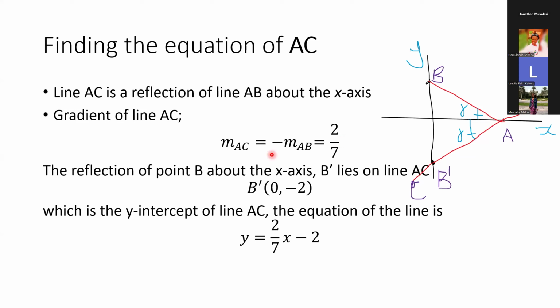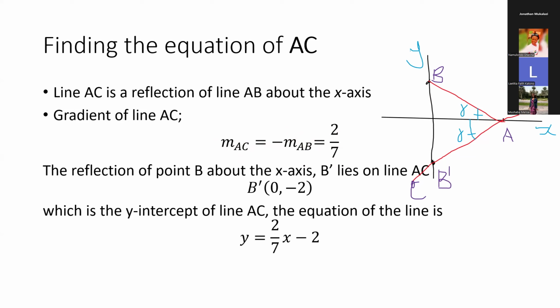Because the gradient of AB was negative 2 out of 7, it means that the gradient of AC is going to be 2 out of 7.